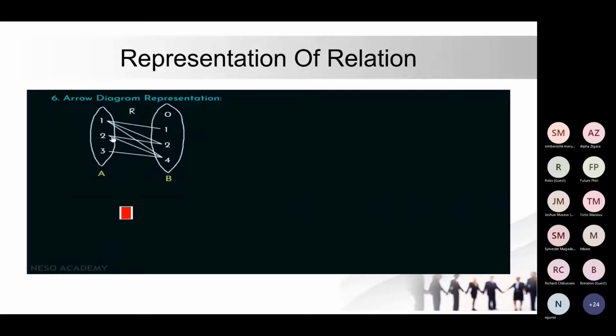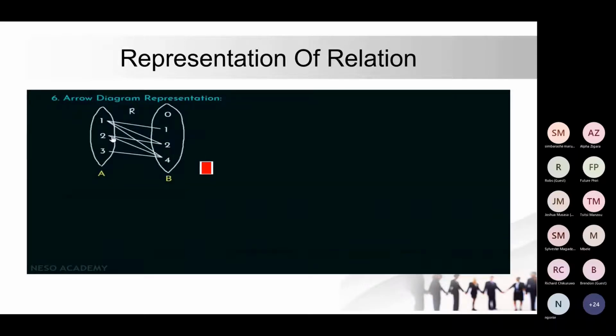I wrote all the elements of set A on the left, and all the elements of set B on the right. The lines between represent the mapping of the relation. We have lines drawn from 1 to 1, 2 to 2, and 3 to 4, and 1 to 2, based on the elements in our sets.